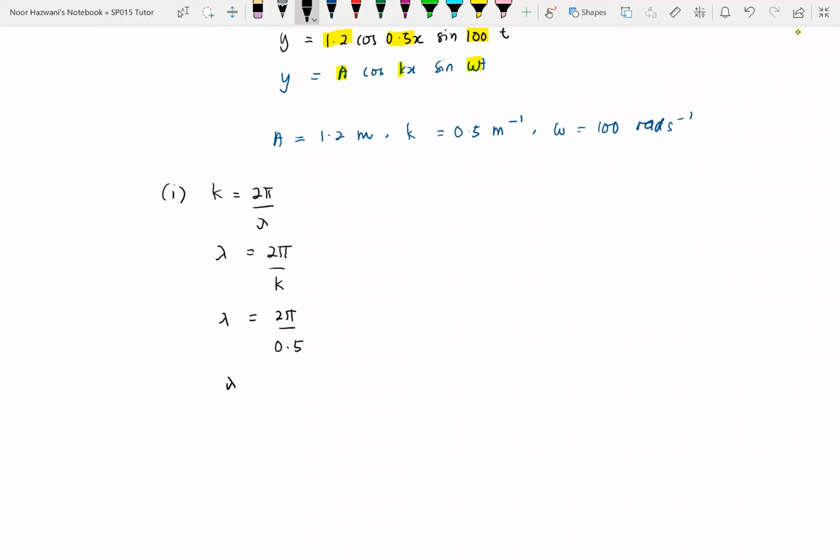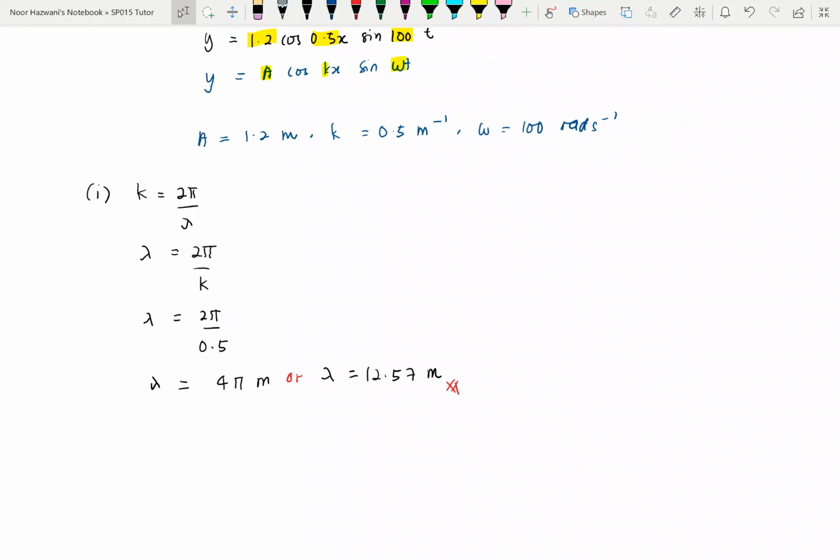Then you will get your answer as 4 pi meter. Okay, you boleh buat dalam pi sahaja. Ataupun you boleh beri you punya jawapan di dalam decimal point. Or lambda is equals to 12.57 meter. So that's the answer for wavelength.